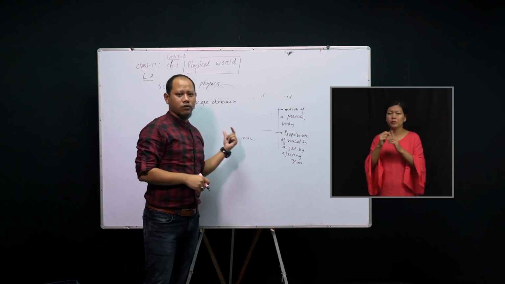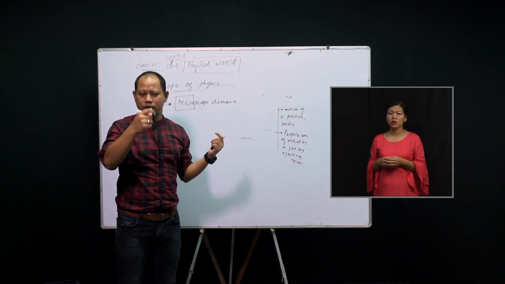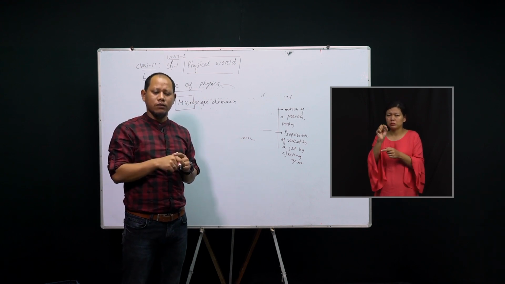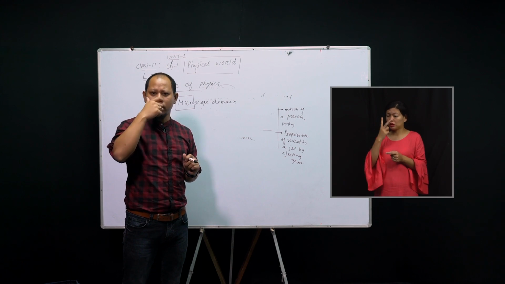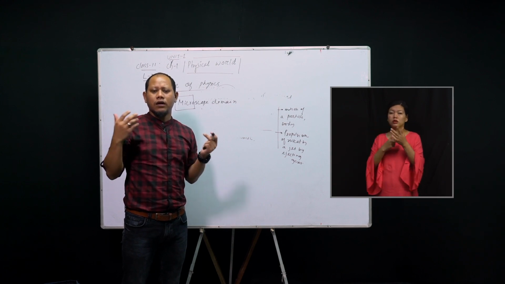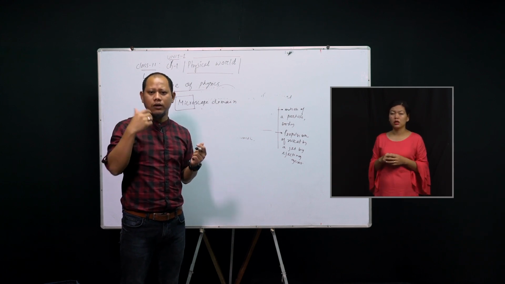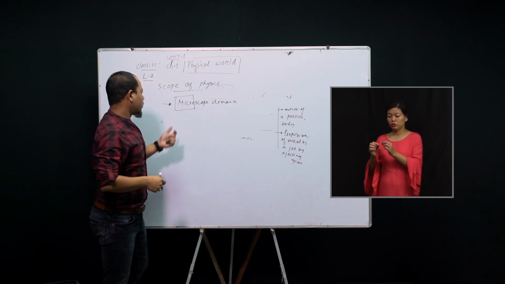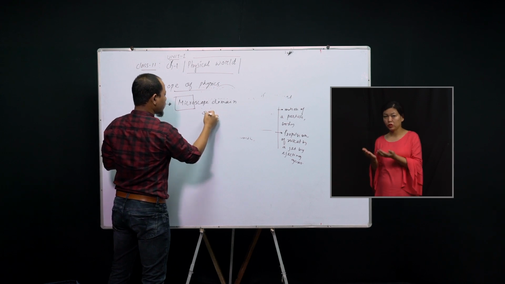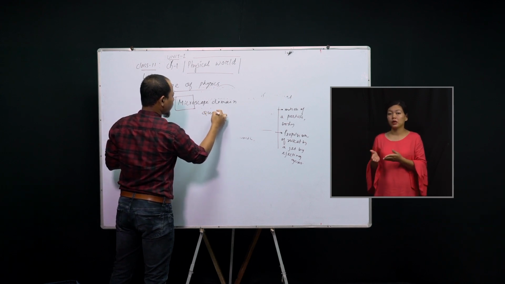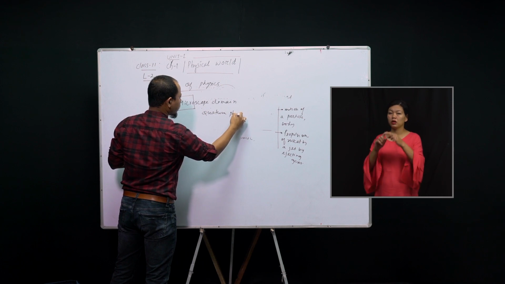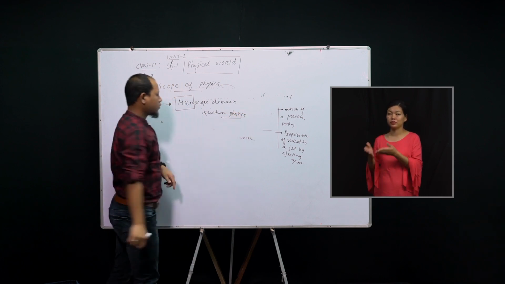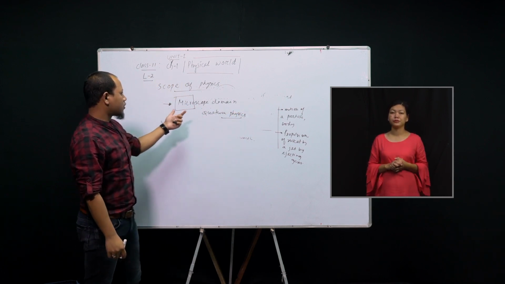These are very small objects, particles, which cannot be visualized by our naked eyes. So we deal with this field of science with quantum physics. So this is about the microscopic domain.